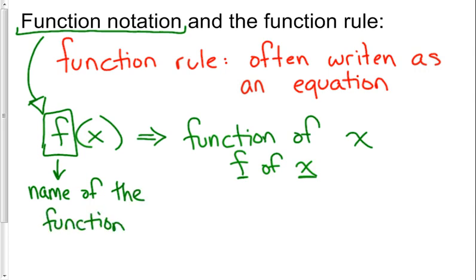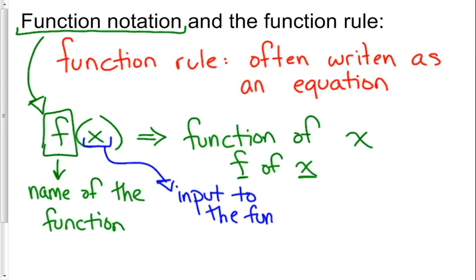It's often written as f of x because f is the first letter in function, but you also will see g of x or h of x or a of x. It can be any variable, it's just basically the name of the function. And then what goes inside is the input. So this x, normally x is our default domain variable. It's the input to the function. It's whatever we're putting into the equation to get an output.